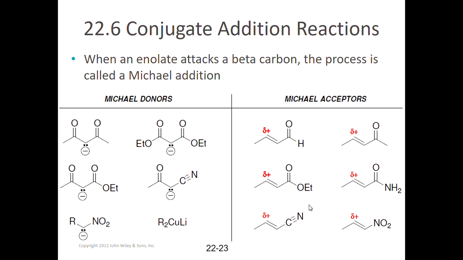So this slide shows how there are a variety of doubly stabilized nucleophiles that are like enolates. The Gilman reagent is one of them. It's not doubly stabilized, but it's relatively stable and a relatively weak nucleophile. So these are the relatively weak but strong enough nucleophiles that we need to attack one of these beta positions.